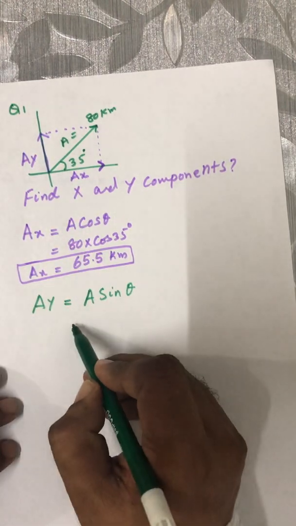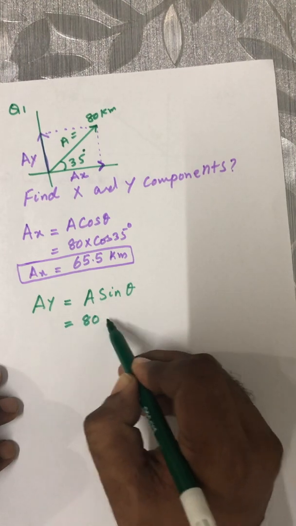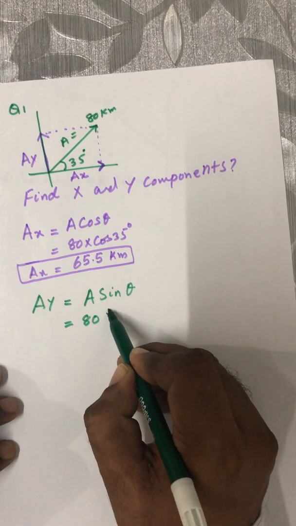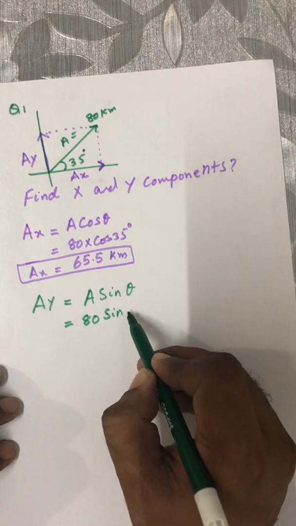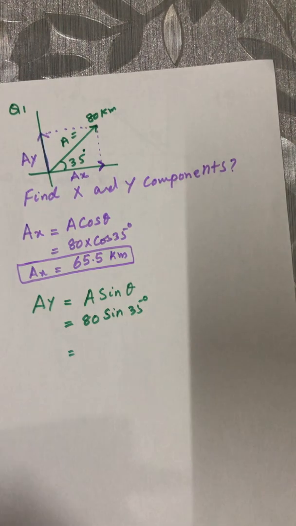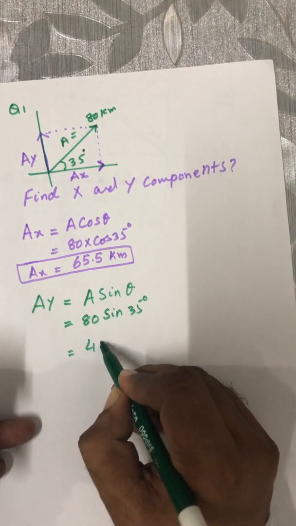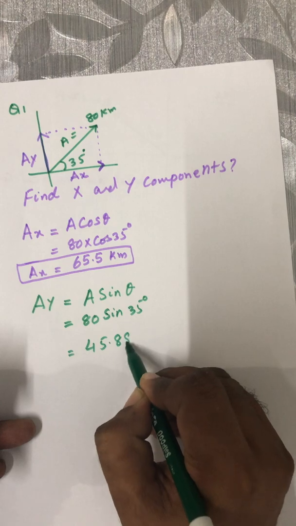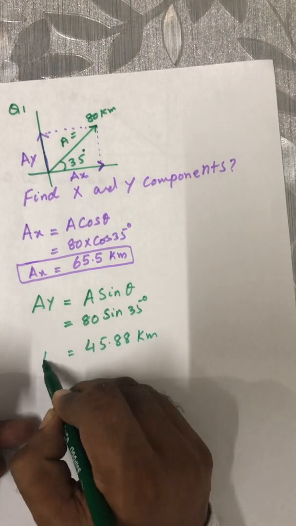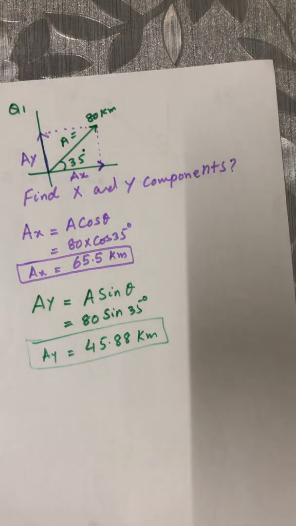So A stays the same, 80, multiplied by sine of the angle 35 degrees. So 80 sine 35, using the calculator, gave me 45.88 kilometers. So this is how we find Ay. So question number 1 is done.